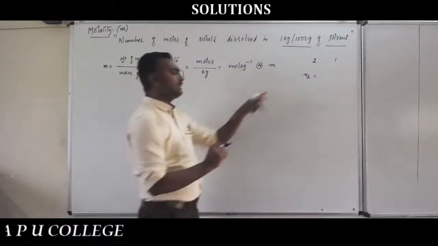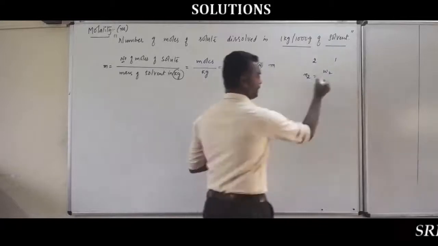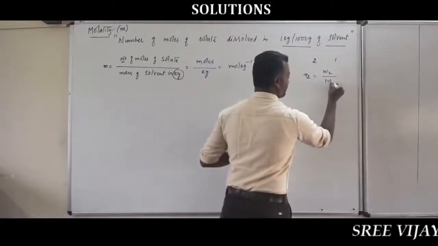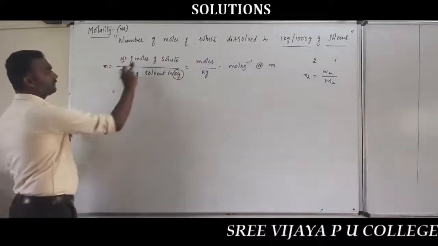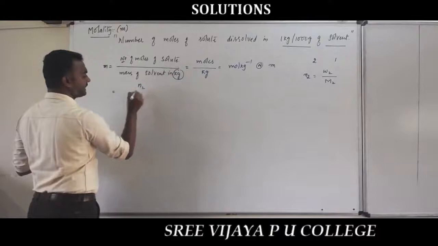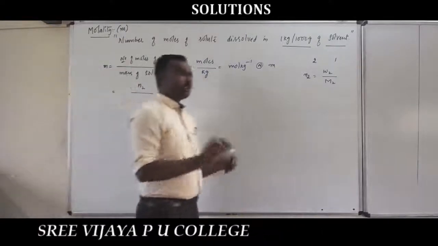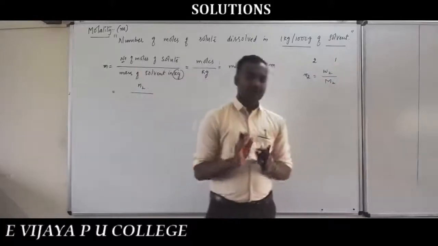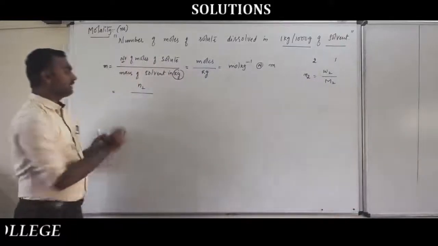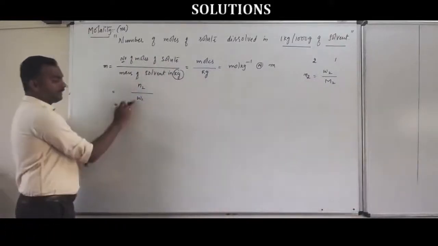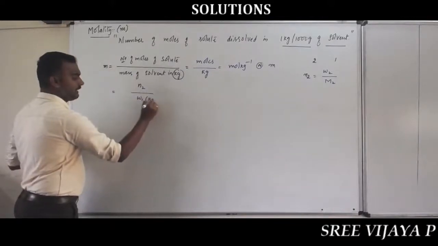So the number of moles of solute is the mass of solute, that is W2, divided by the molecular mass of solute, that is M2. Now we can substitute the value here. Molality is equal to the number of moles of solute, N2, divided by the mass of solvent in kg. 1 is referred to for solvent, so the mass of solvent is taken as W1, in kg.